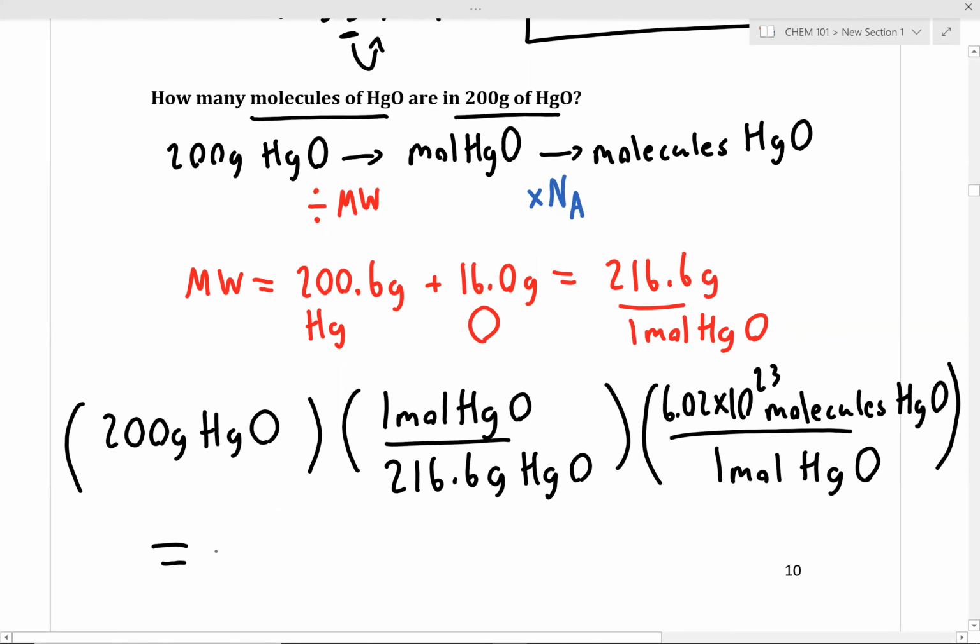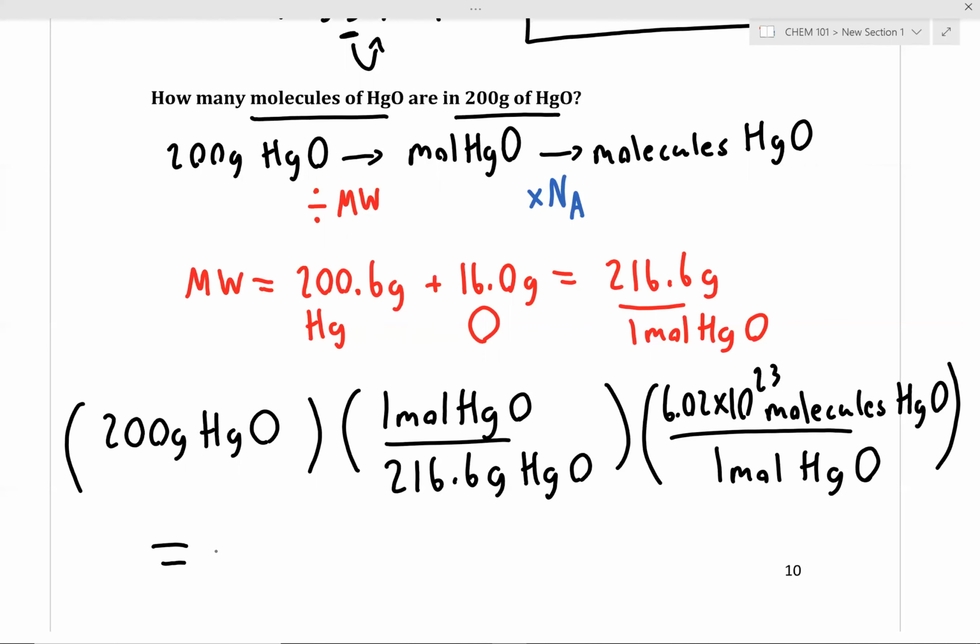Wonderful. Now, all we have to do is enter this into the calculator and we're done. So let's do just that. So we take 200 divided by 216.6. And we get a number close to 0.923.